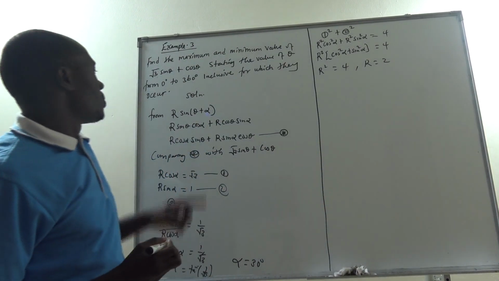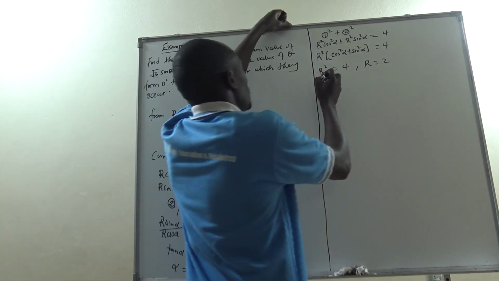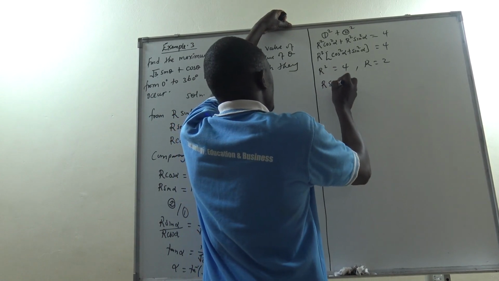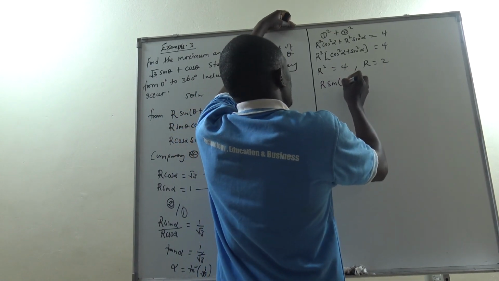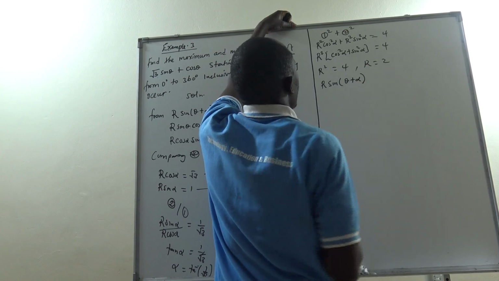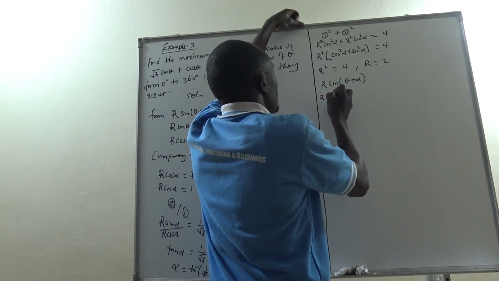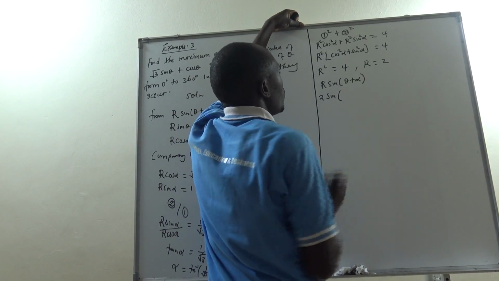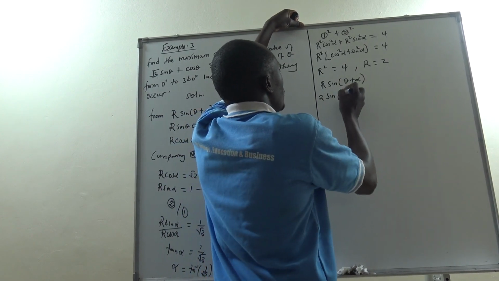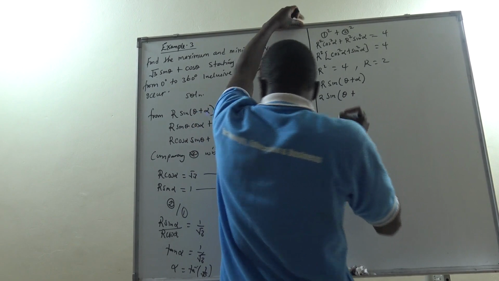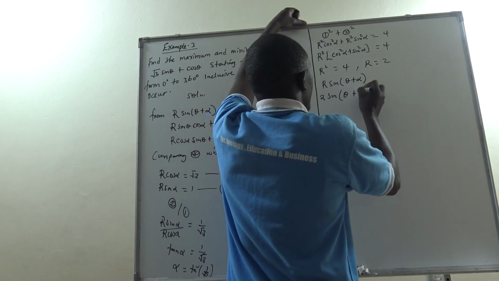So when we express it in this form, we want to express it in the form of R sin into theta plus alpha. Now, do we know our R? Our R is already 2, so it is 2 sin into theta, which we are going to look for, plus our alpha, which we have already got as 30.